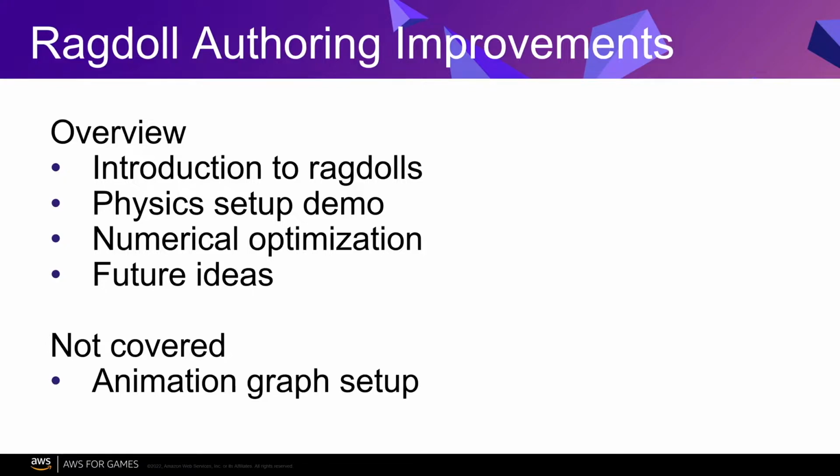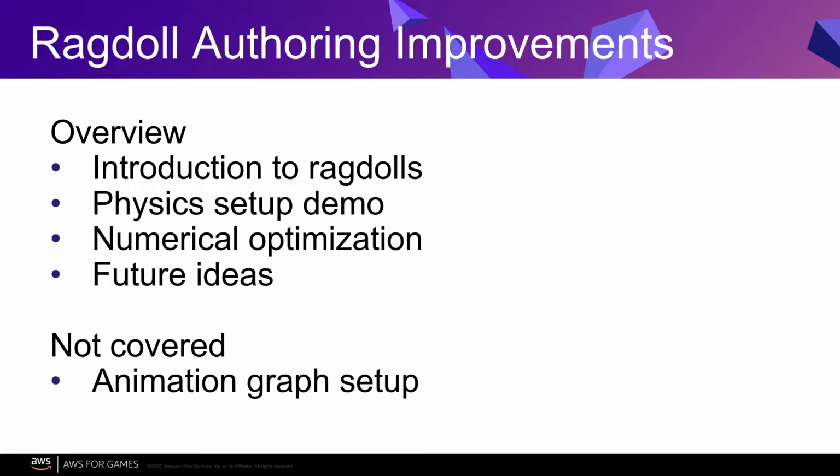To begin with, I'll just do a quick overview of what's going to be covered in this talk today. I'll start out by giving a brief description of what I mean when I talk about ragdolls, in case you're not familiar with the term already. Then I'm going to do a run through of setting up the physical representation of the character in the animation editor, highlighting the recent improvements we've made there.